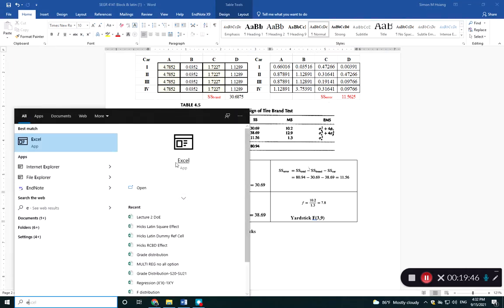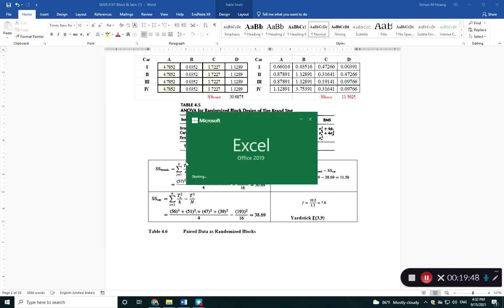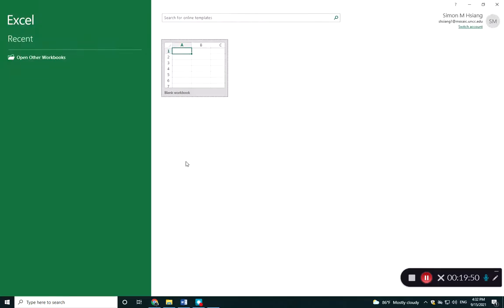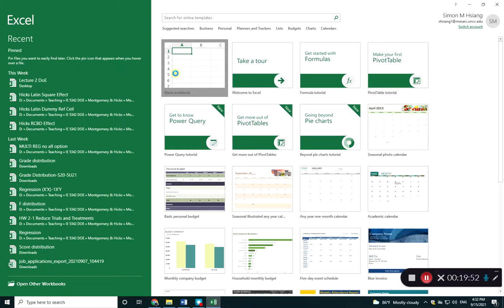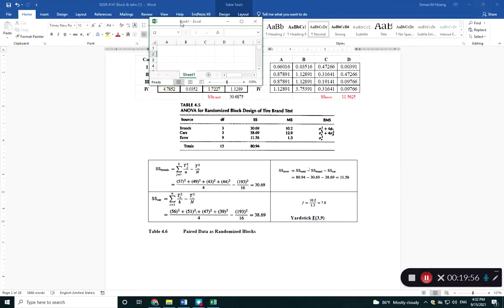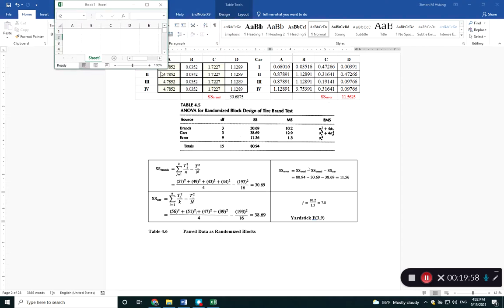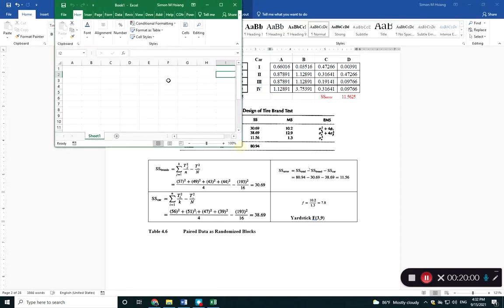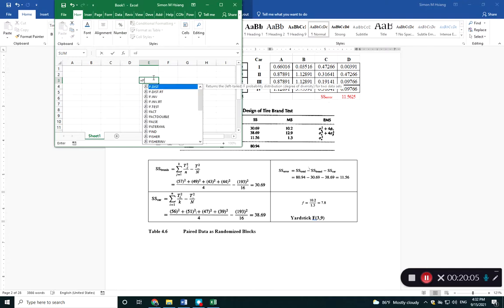Excel. Okay, so we can do it 2 different ways. One is to figure out a p-value. So we just do F inverse.